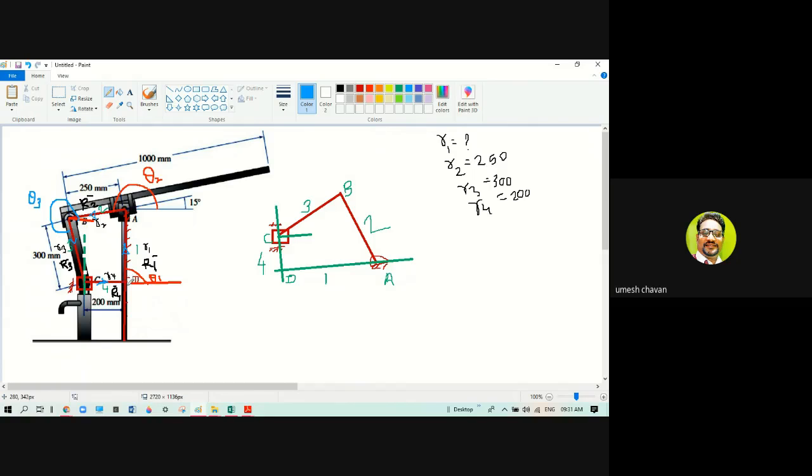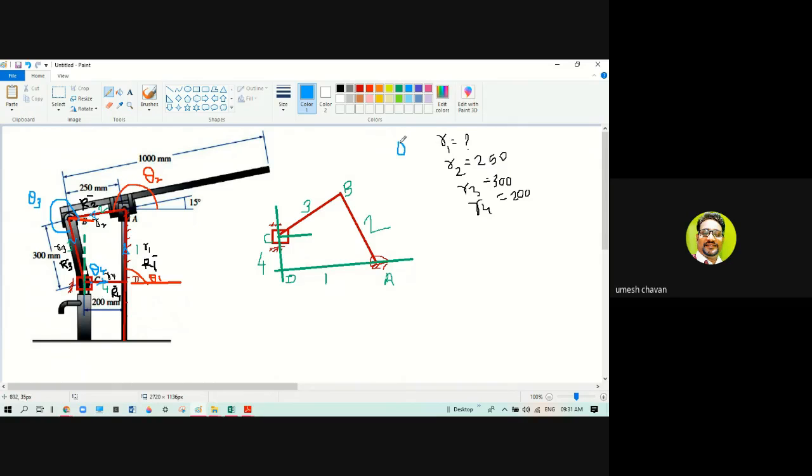Theta 4 is here. Because this line is mapped with the positive x, theta 4 angle is 0.